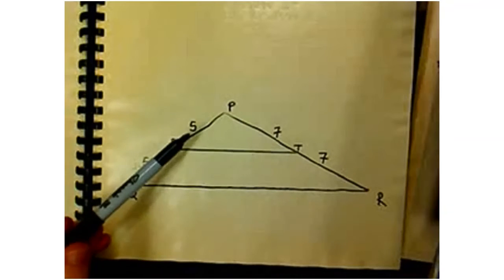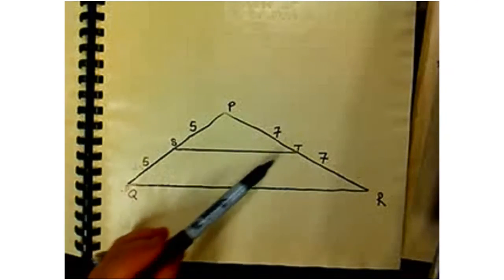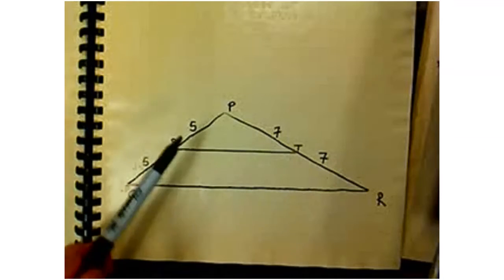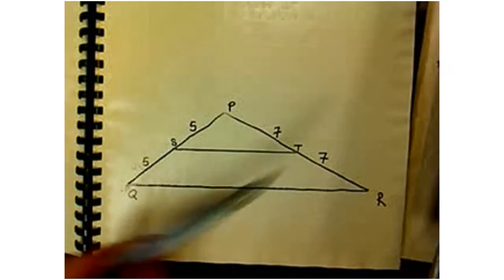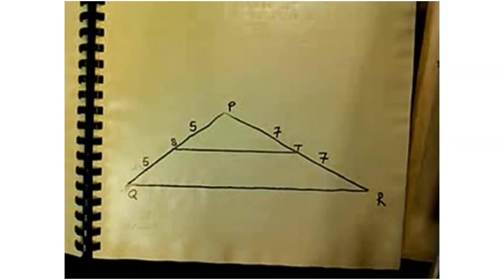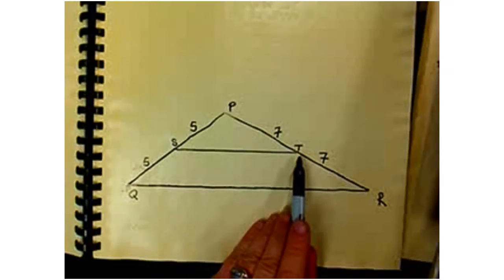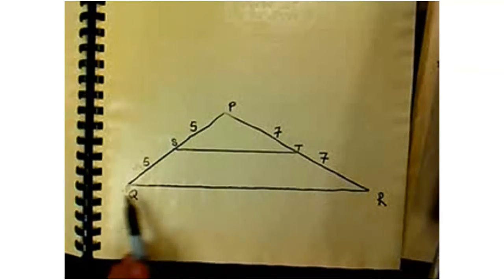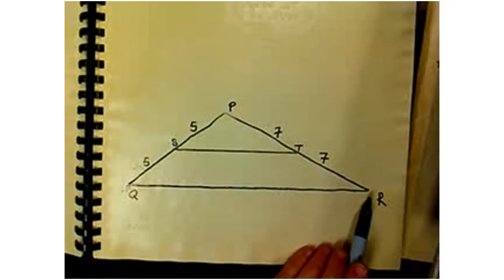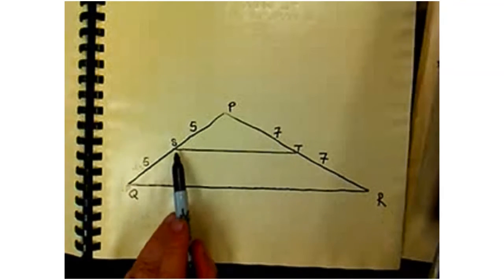They have equivalent ratios. 5 over 5 does equal 7 over 7, doesn't it? 5 over 5 is 1, 7 over 7 is 1. So then we go, oh, okay, I could figure out the value of ST if I knew the value of QR, or vice versa. I could figure out the value of QR if I knew the value of ST.